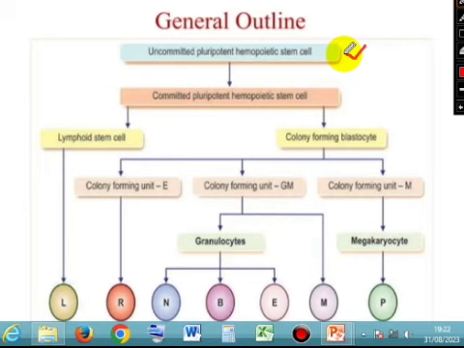Hematopoiesis begins in the bone marrow with the differentiation of uncommitted pluripotent stem cell to committed pluripotent stem cell.